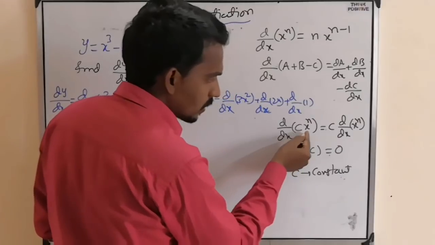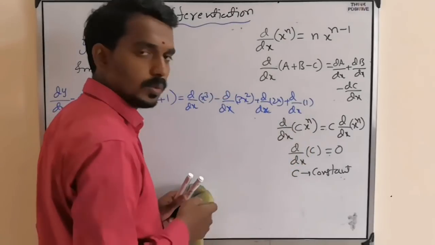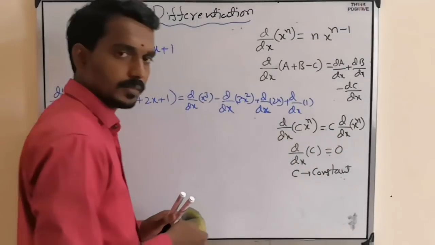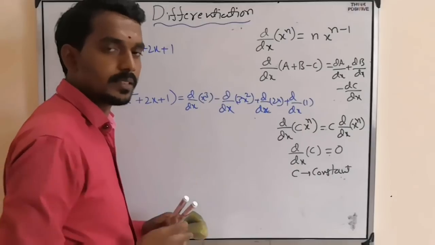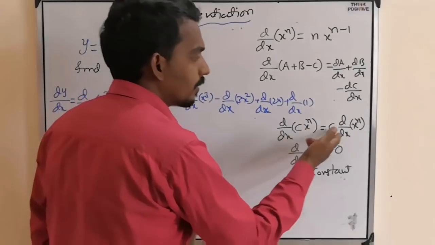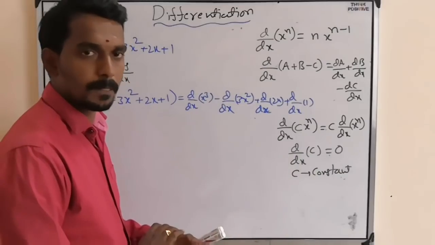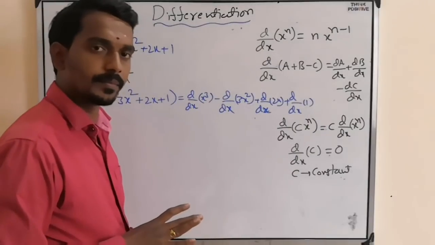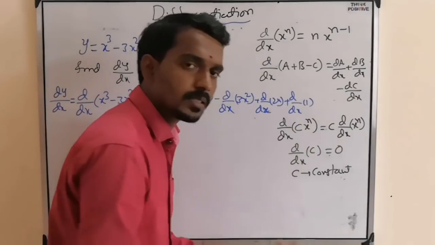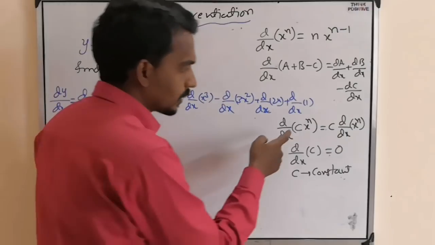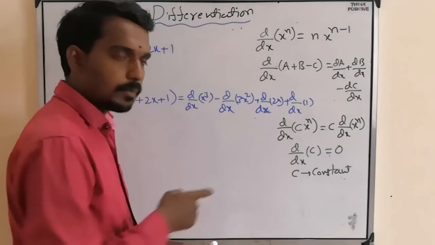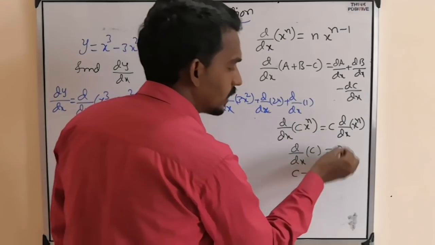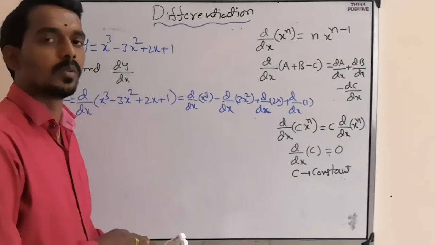If there is a constant multiplying a variable, then take that constant out, because differentiation means change, but constant never changes, that's why you will take it out. But here, differentiation of only constant. Change in constant is how much? 0. So if constant is multiplied with variable, then it will come out. If only constant is there, its differentiation will become 0.